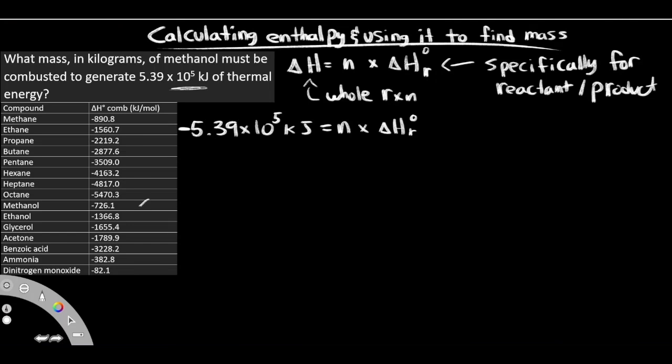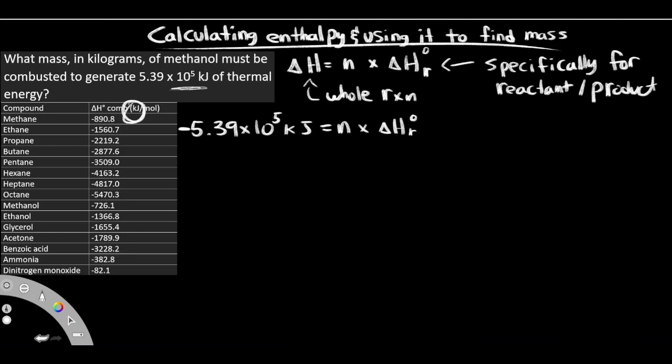for our methanol, this here is our formula, and we can see over here that it's negative 726.1. This negative 726.1 is kilojoules per mole. That means for every mole of this methanol, again, it's being combusted, so it's releasing energy. How much energy is it releasing?